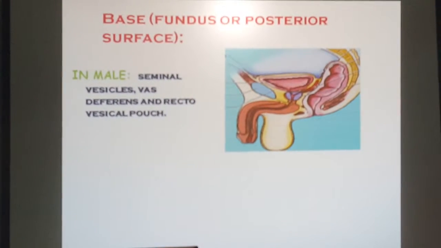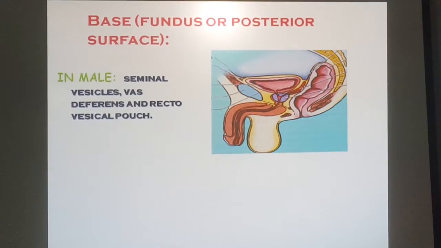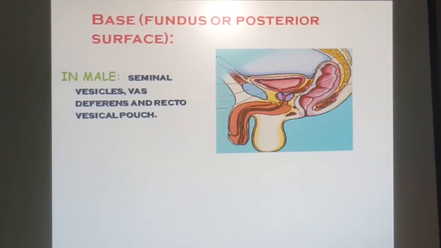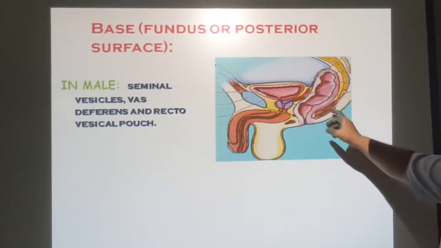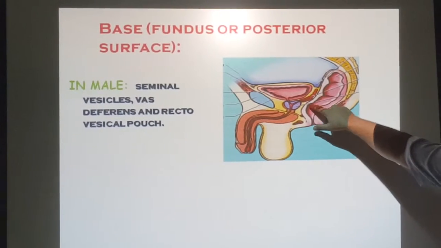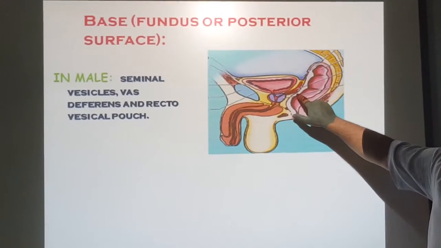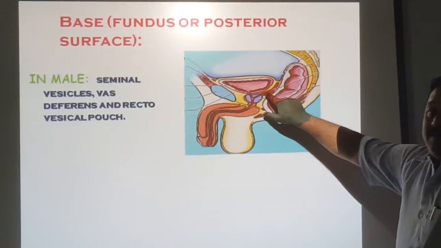In case of male, the base is related with the seminal vesicle, vas deferens, and the rectovesical pouch. Seminal vesicle and the vas deferens.